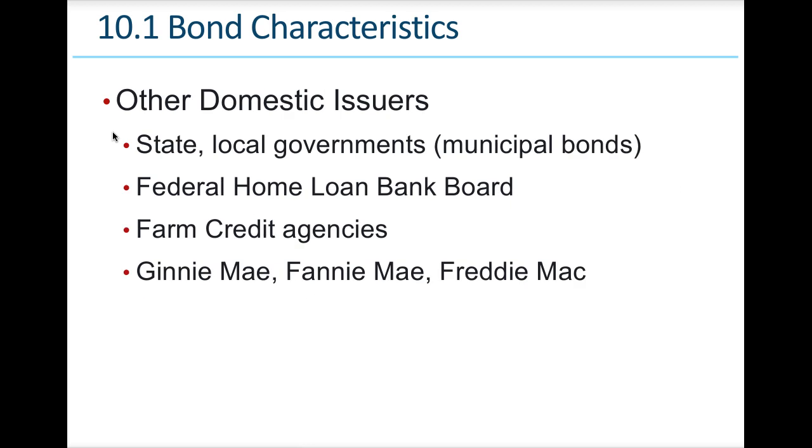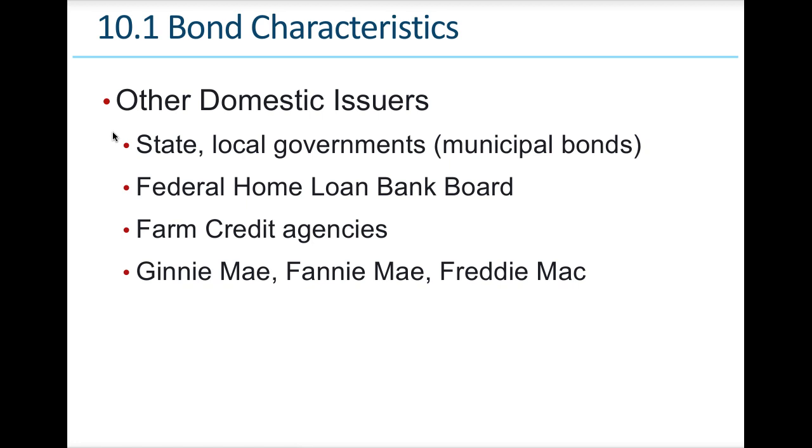Now, of course, state and local governments issue municipal bonds, and these bonds are generally issued so governments can raise money to do public projects. They're usually tax-free, which means they offer lower interest rates than the prevailing bonds.